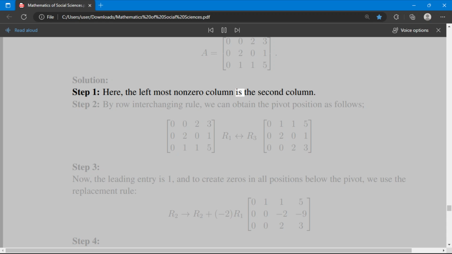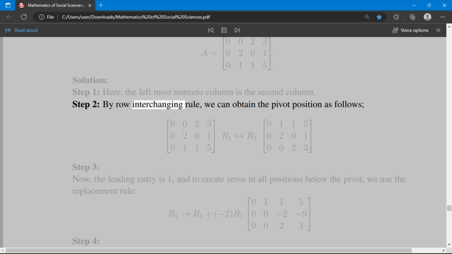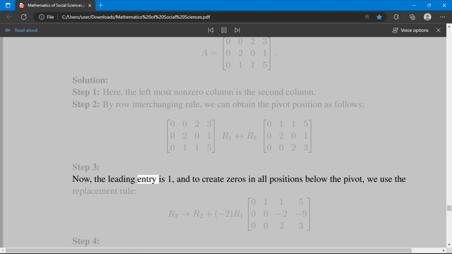Solution. Step 1. Here, the leftmost non-zero column is the second column. Step 2. By row interchanging rule, we can obtain the pivot position as follows. 002302010115, R1 interchange R3, gives 011502010023.